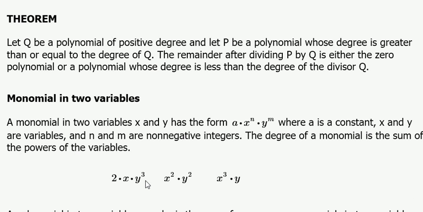This leads to a theorem: let Q be a polynomial of positive degree, and P be a polynomial whose degree is greater than or equal to the degree of Q. The remainder after dividing P by Q is either the zero polynomial or a polynomial whose degree is less than the degree of the divisor Q.